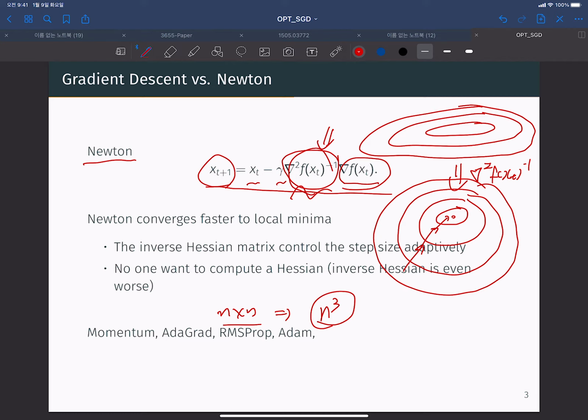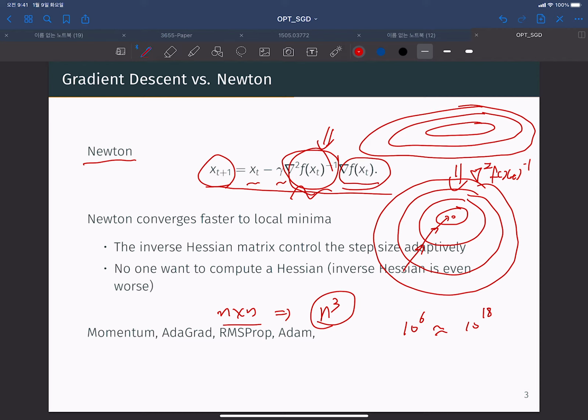So if you have millions of parameters, 10 to the 6, the required number of operations is roughly 10 to the 18. This is very, very huge, and this is not allowed in practice.